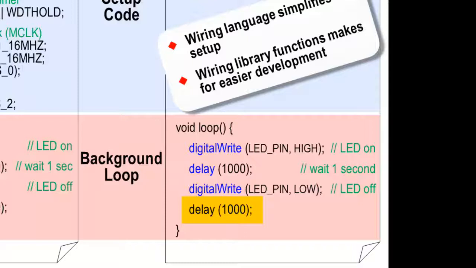Yeah. So I was thinking the same thing would exist in the Energia one, but as I looked at how it was implemented, they actually implemented delay with a timer. They set up the timer for a couple of cycles and go to sleep. When the timer ends, we come back out and move on to the next instruction. Very slick.